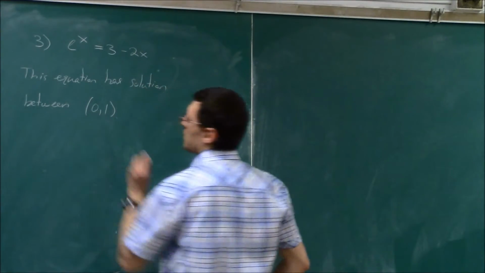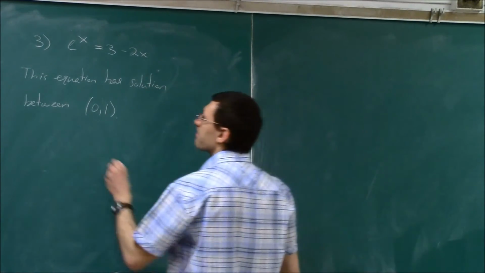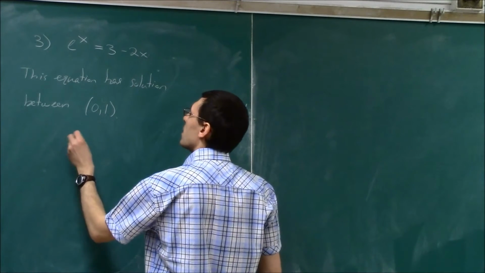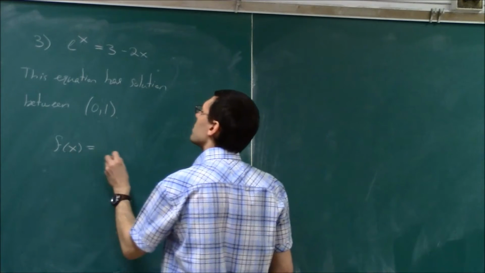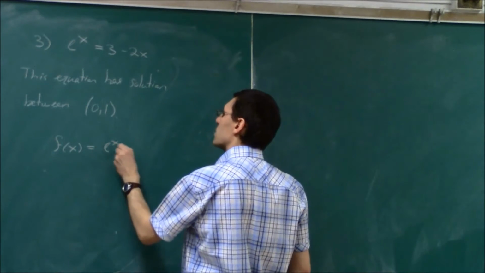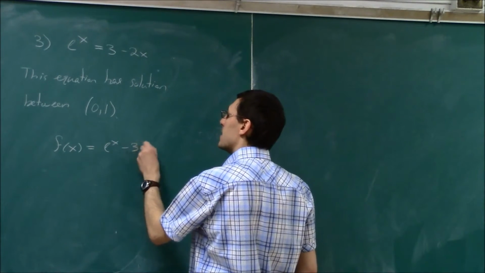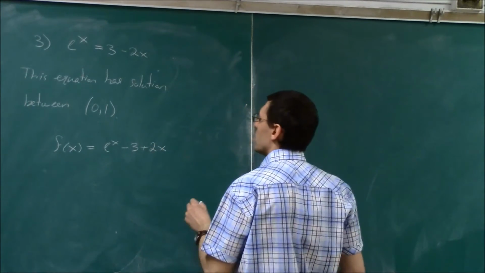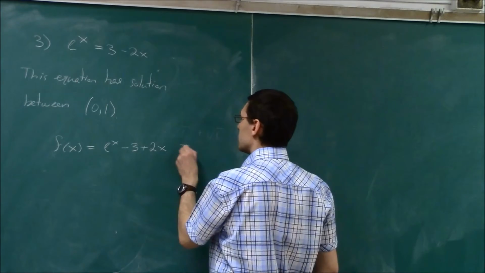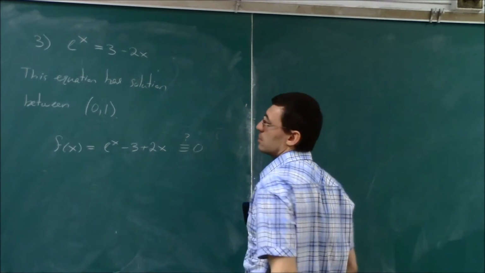So try it yourself before proceeding. So one thing we can do is define a function f of x to be e to the x minus 3 plus 2x. And we want to solve when this is equal to 0. When is it equal to 0?